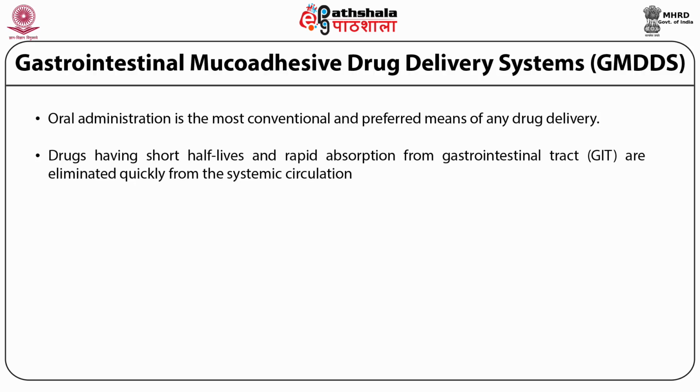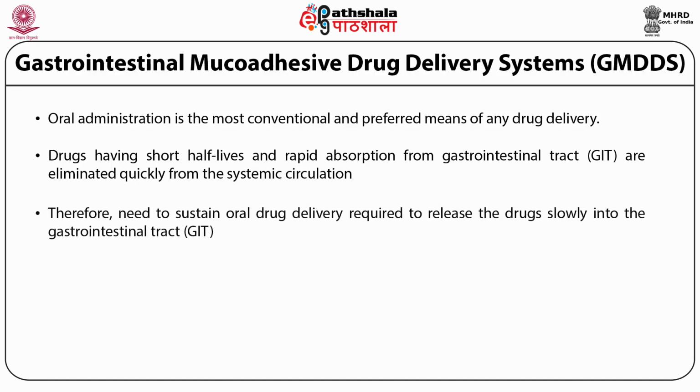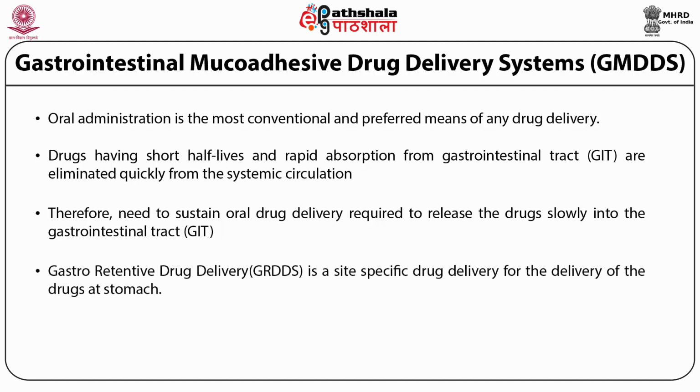Therefore, the need comes that these systems should be able to sustain the oral drug delivery, and therefore there is a requirement of release of the drugs slowly into the GIT. In such a scenario, the gastroretentive drug delivery system comes to the rescue, and this is supposedly a site-specific drug delivery for the delivery of such drugs at the stomach site.